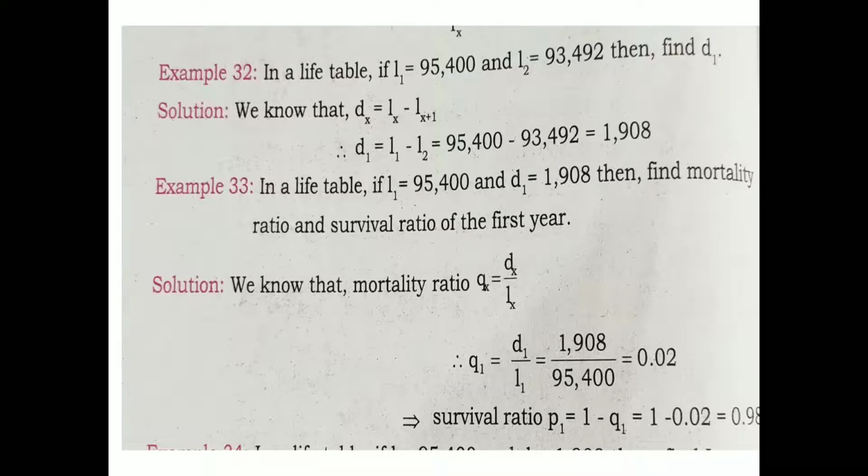Because they have given the values of d1 and l1, you need to find q1. So q1 is equal to d1 divided by l1, which is equal to 1,908 divided by 95,400, which is equal to 0.02. The survival ratio p1 is equal to 1 minus q1, which is equal to 1 minus 0.02, which is equal to 0.98.